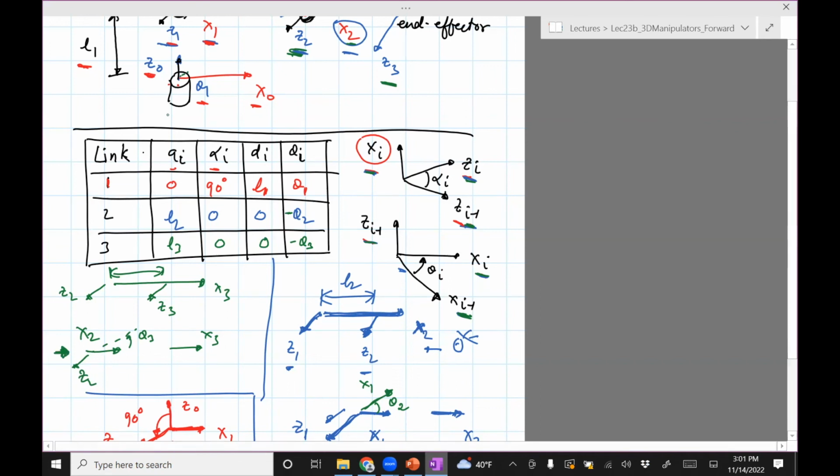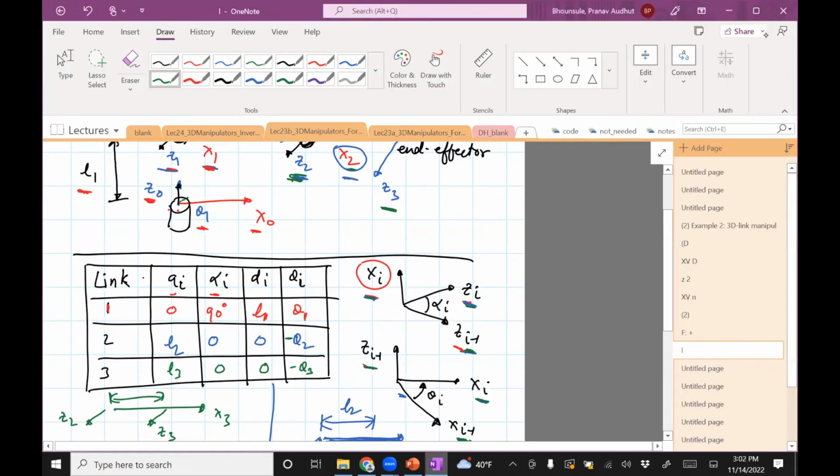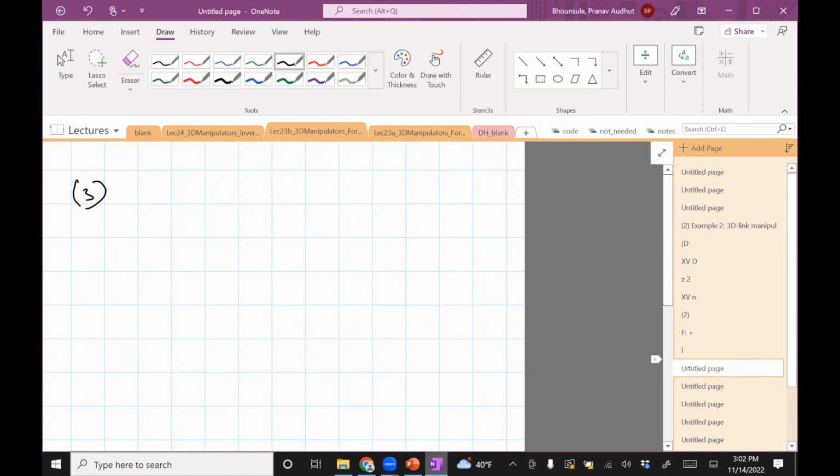Okay, so that is my DH table. And then I can use this to compute H, just like the previous case, and then compute the position of the end effector. So the third step: H_{i-1}^i is a 4x4 matrix, which you can get from the DH handout.